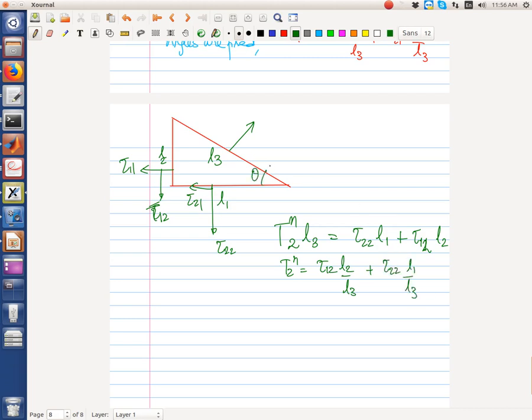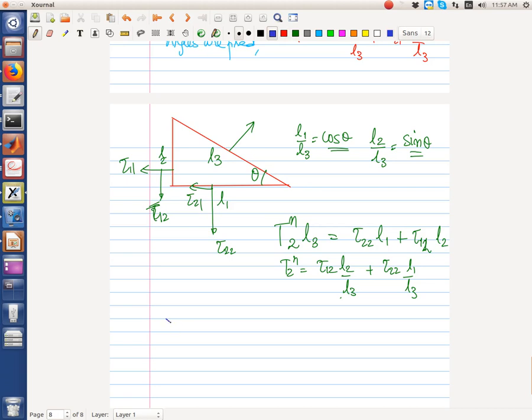From geometry, we know that L1 by L3 is equal to cos theta, and L2 by L3 is equal to sin theta. So if we want to express these thetas in terms of the angles between the normals, because we have already seen that we can define an area in terms of the face normal.